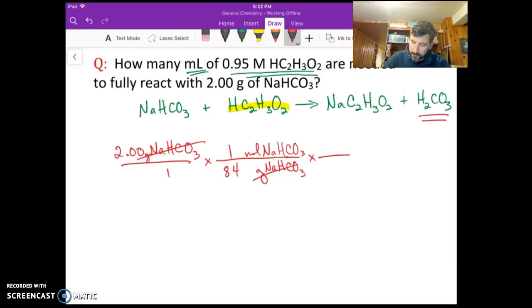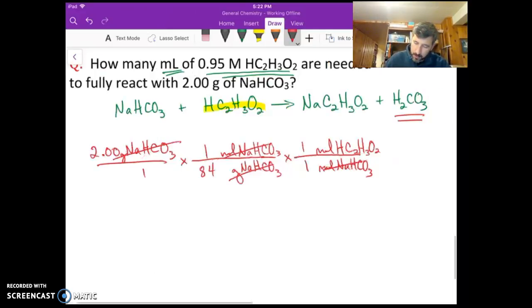And then for moles of A, moles of NaHCO3, we're going to go to moles of B, which in this case, we're interested in the hydrogen acetate. And that was 1-to-1 from the balanced equation.